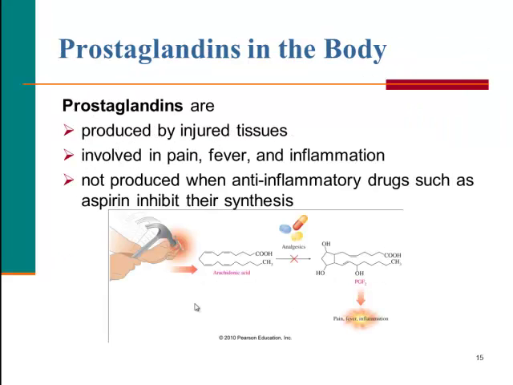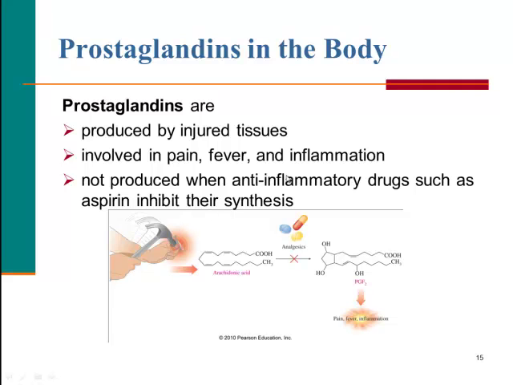So these are the building blocks for prostaglandins. Prostaglandins are the molecules that are produced when there is damage done to your tissue. These prostaglandins are the molecules that are going to result in the symptoms that we experience: pain, fever, and inflammation.